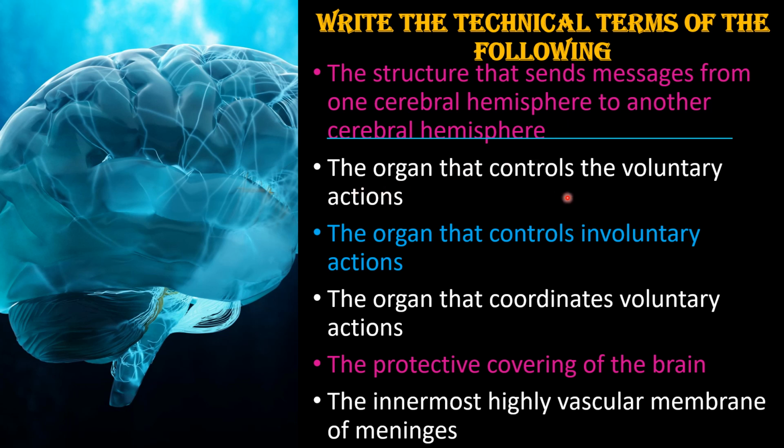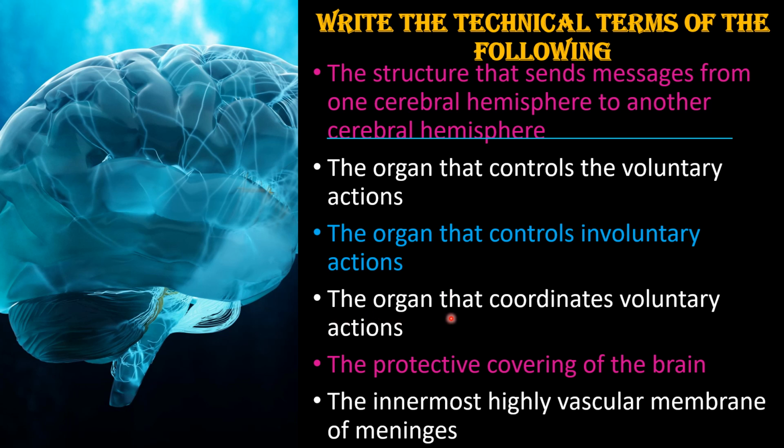The organ that controls the voluntary actions. Cerebrum. The organ that controls involuntary actions. Medulla oblongata. You don't write only medulla. That will confuse with cerebral medulla and medulla of cerebellum. That's why you have to write medulla oblongata.